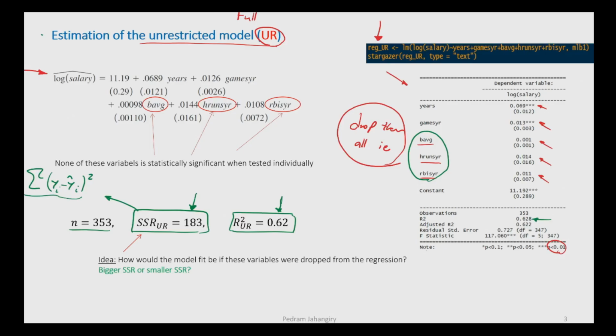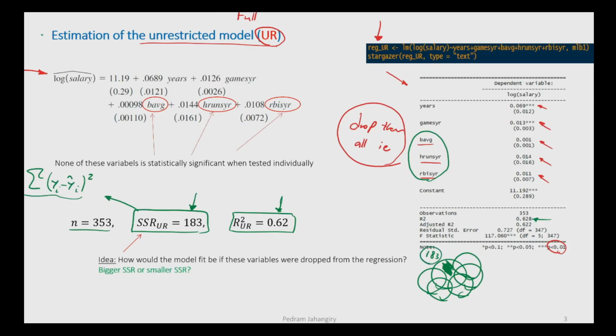If you want to visualize that, in the Venn diagram, let's say y, x1, x2, x3, x4, x5. This part is going to be the SSR UR, the sum of squared residuals of the unrestricted model. Let's say this number is 183.